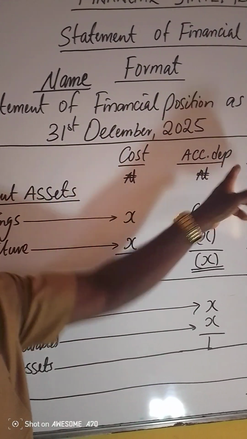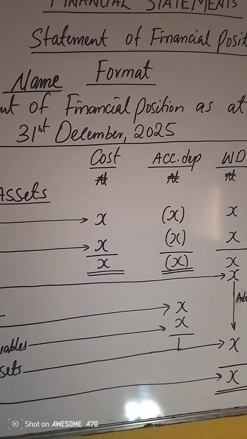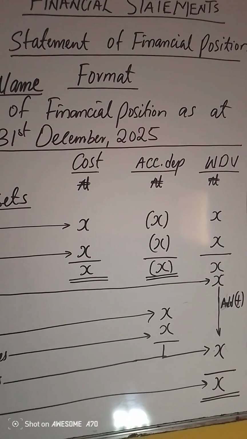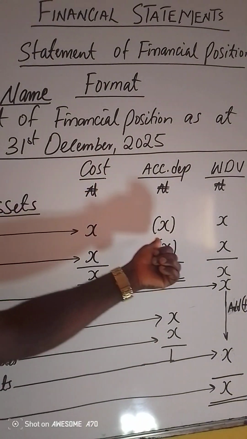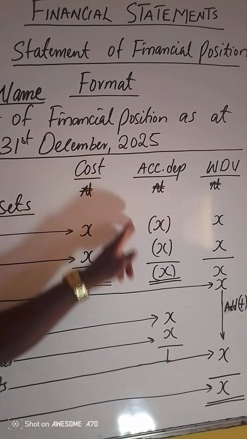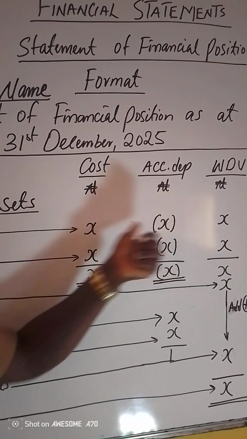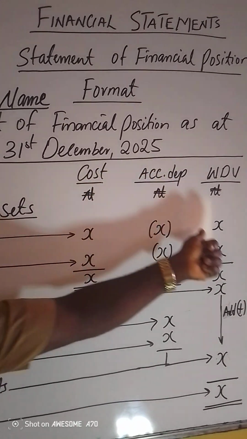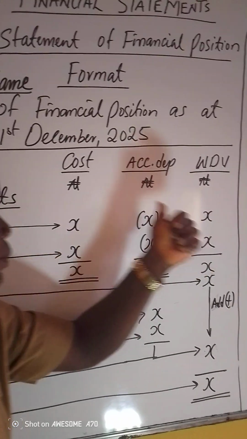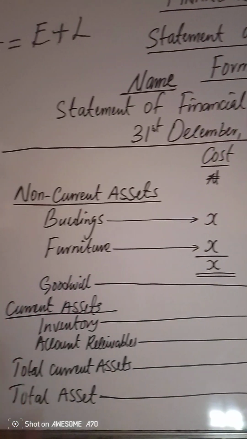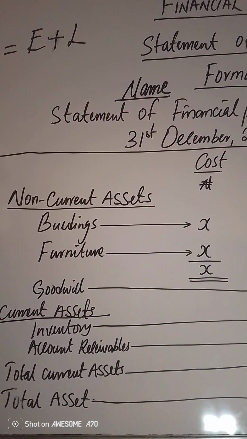Here we have what is called the accumulated depreciation. If there's depreciation, both previous and current, you put it here. The bracket means that what you have here is subtracted from the cost to get what is called the written down value. Another one is furniture, which is also a non-current asset.